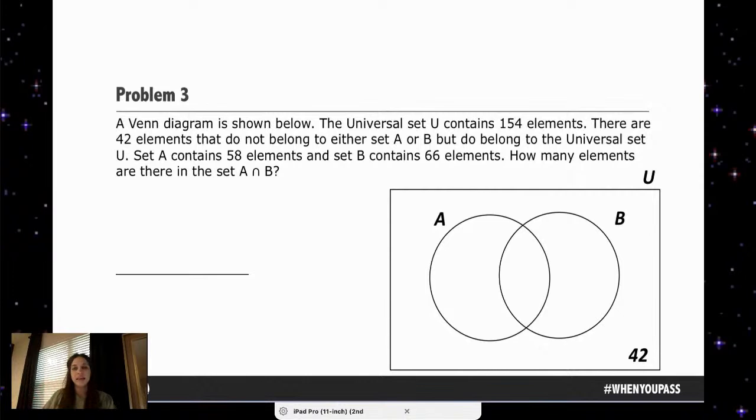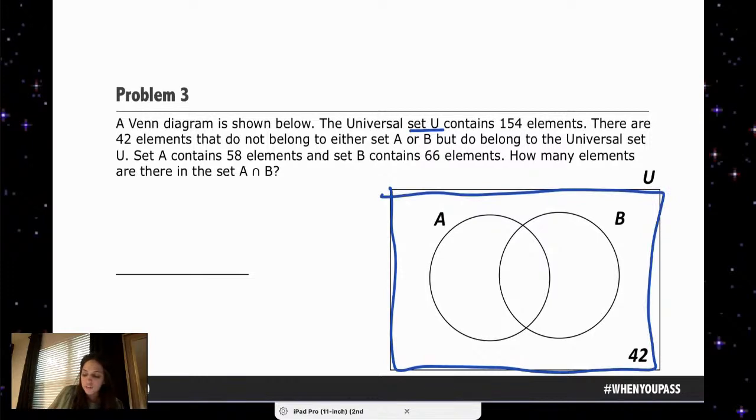I said it upside down U because some of you are looking at me like I have 7 heads. And I know, I get that. I want us to break this down because I don't want you to get overwhelmed by a problem when really you probably know how to do it, it's just the language. So the universal set U, aka everything that falls in this box, contains 154 elements.